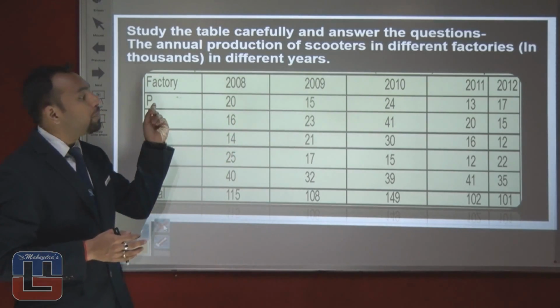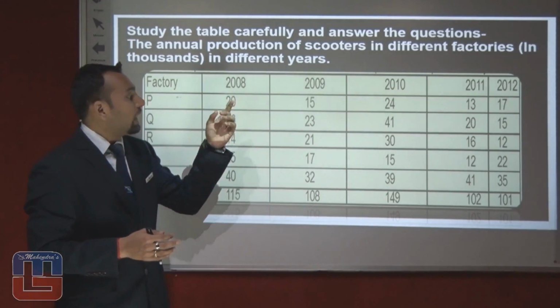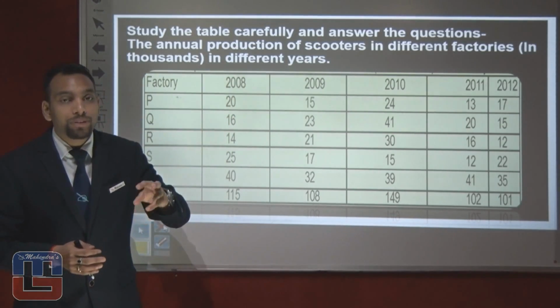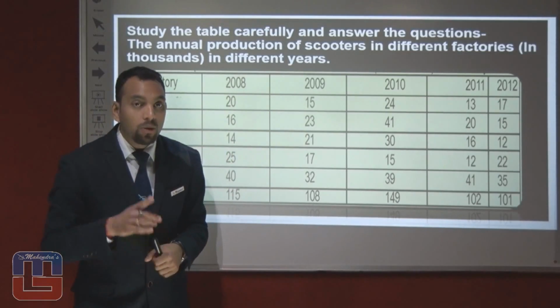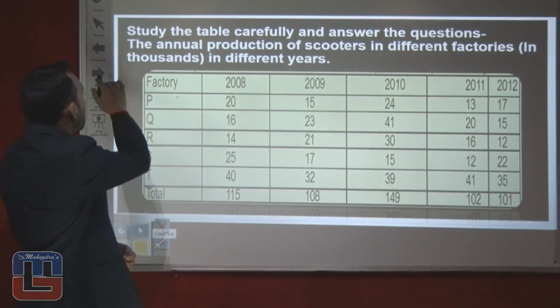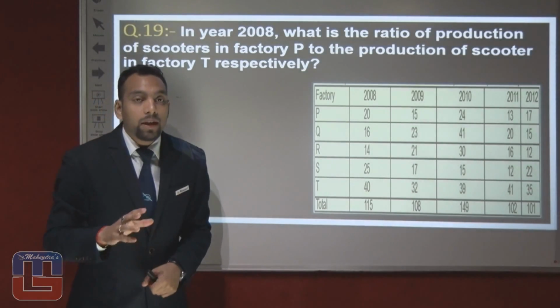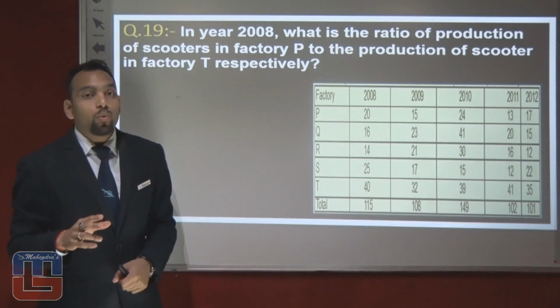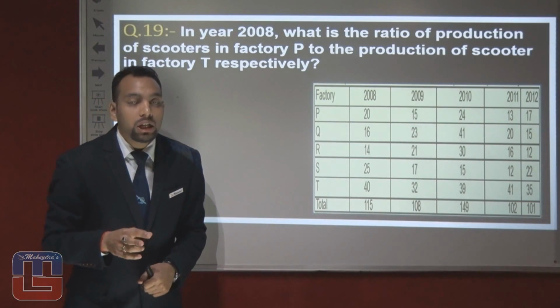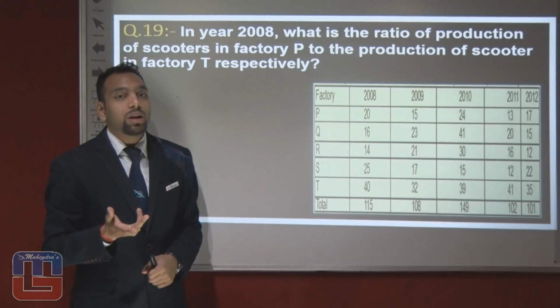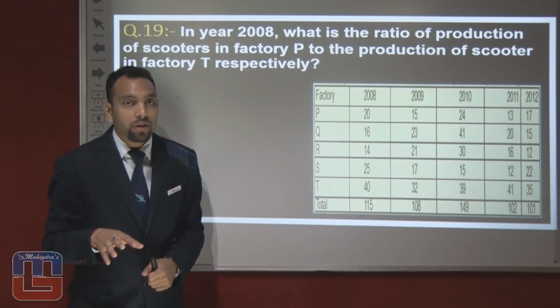If you talk about the factory P in 2008, it has 20,000 scooters. In 2019, it has 15,000. Now, what is the question? Now see, the question is, in year 2008, what is the ratio of production of a scooter in factory P to the production of a scooter in factory T respectively?